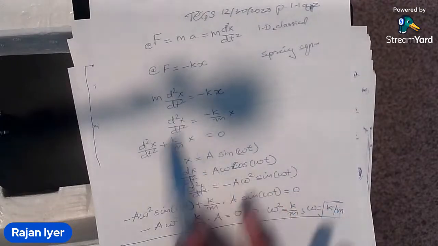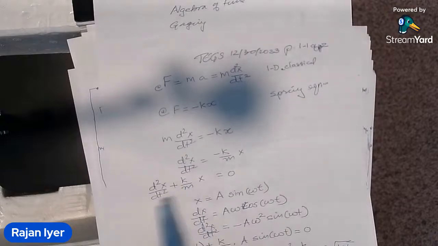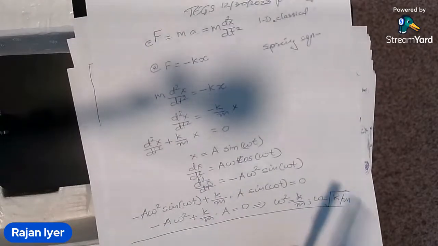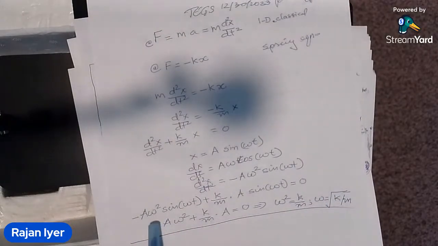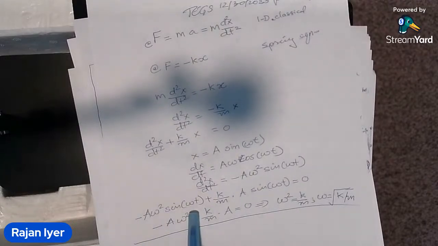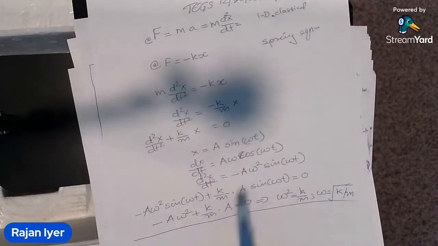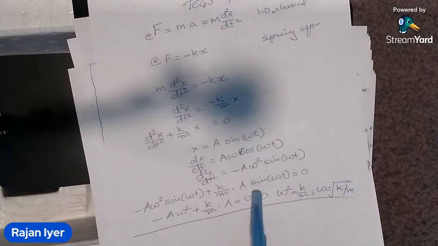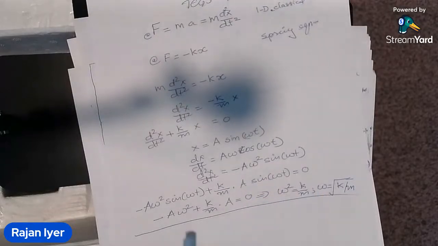So we substitute these back into the equation. Then we get minus a omega square sine omega t, plus k over m times a sine omega t, equal to 0. Then a and a cancel, and sine omega t cancels.